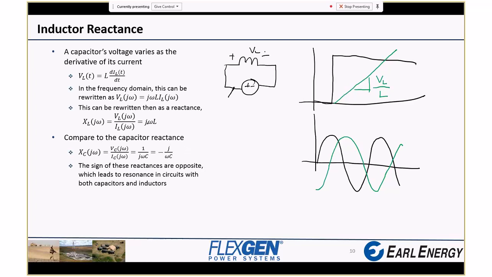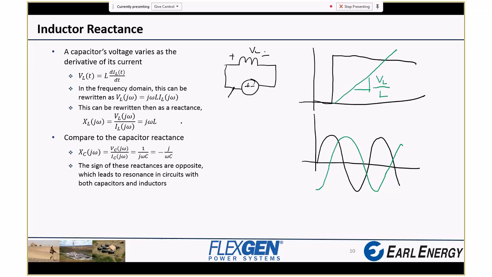Instead of j omega L, it's 1 over j omega C. And since it's V_L over I_L, you can imagine that if you swapped voltage and current, it would look the same. The signs of these reactances being opposite is important when we get to filters, which I think we'll hit in 2 slides here.